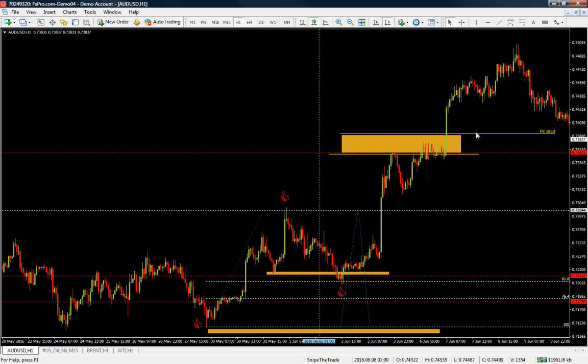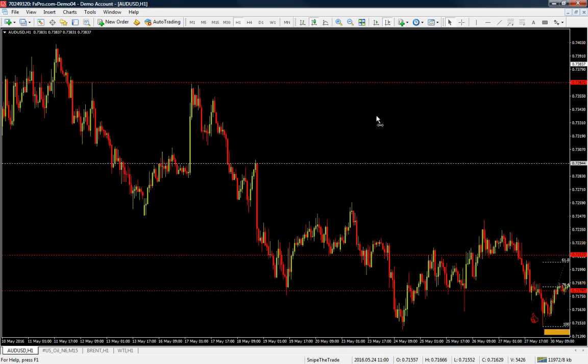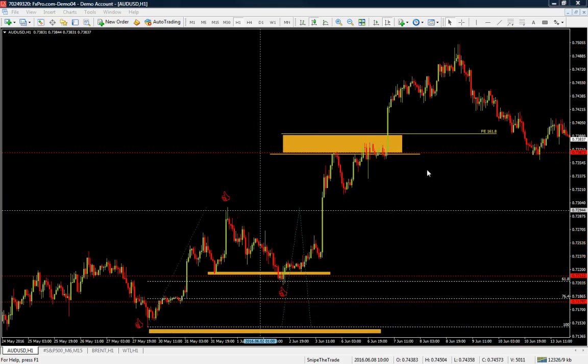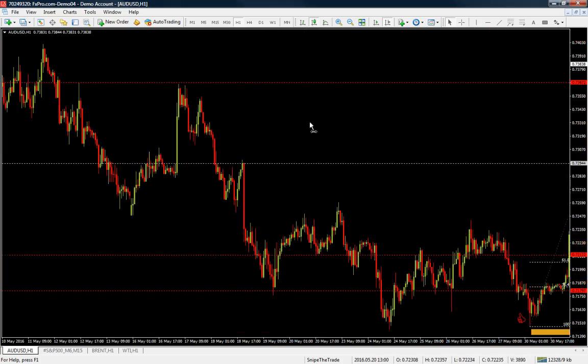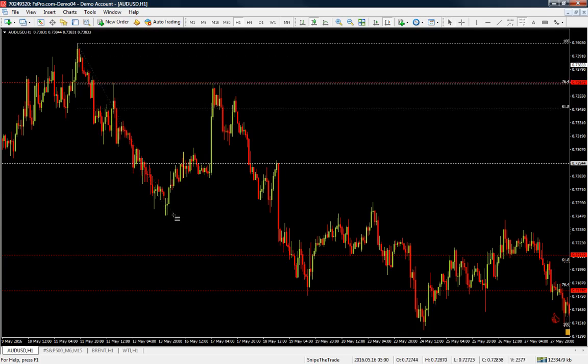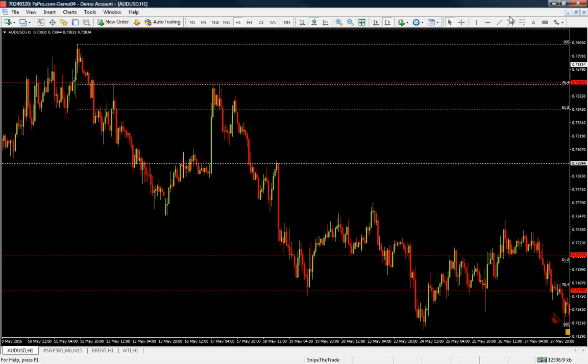If we go, for example, let's take another example. Let's go back in price action a little bit and look at this retracement. This retracement was deep and we were hitting the 76.4 right at this level of resistance.